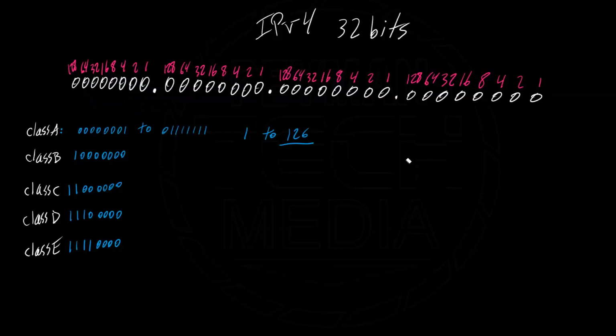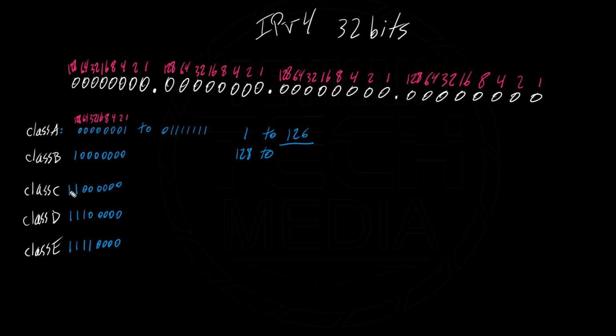Okay, let's move on to class B. When we convert this binary to decimal, the first bit is on, so the decimal value is 128. If we quickly go over the decimal values for these bits: 1, 2, 4, 8, 16, 32, 64, and 128. This one has 128 turned on, so it is 128.